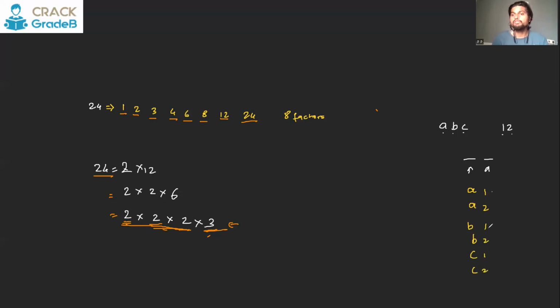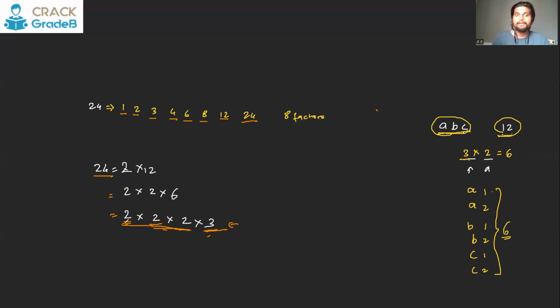So we can have a total of 1, 2, 3, 4, 5, 6 alphanumeric codes. How is that 6 coming? We have 3 choices for the first place, so out of these 3, we can pick any, and out of these 2, we can pick any. For each of the 3, we have two choices. So 3 times 2 gives a total of 6 combinations.